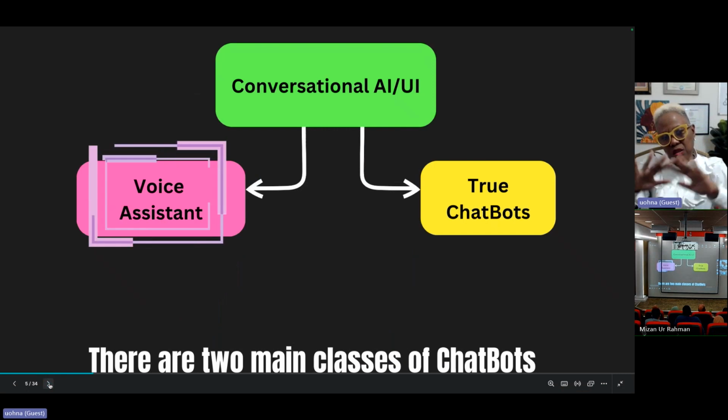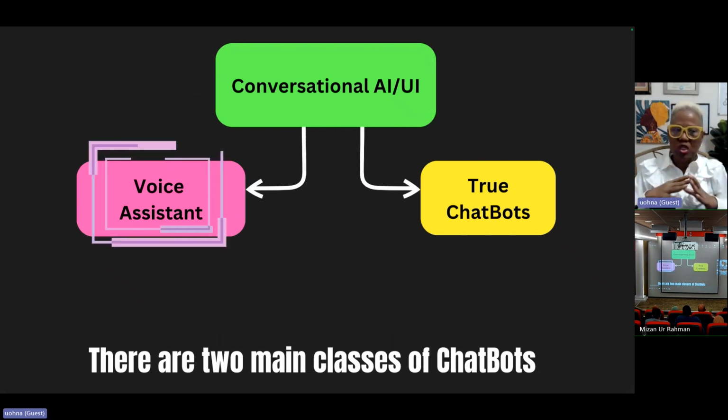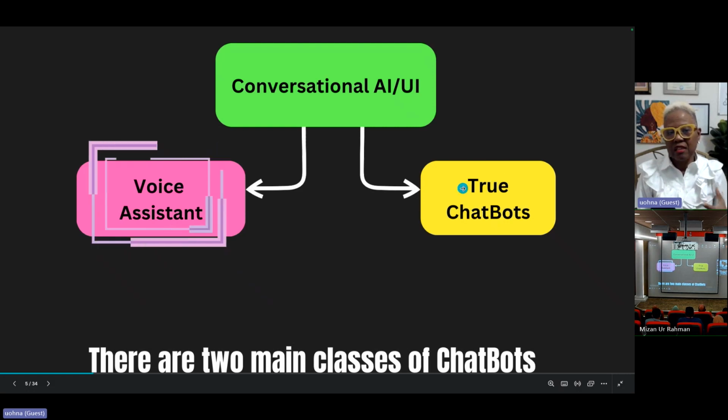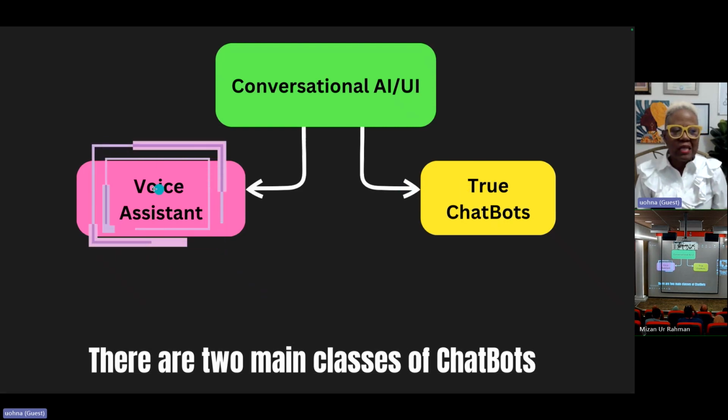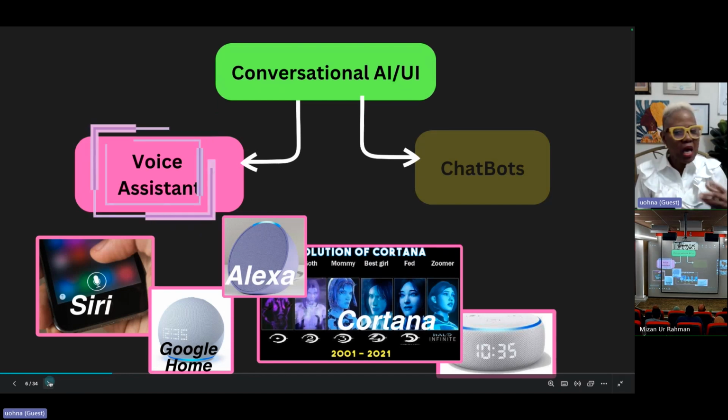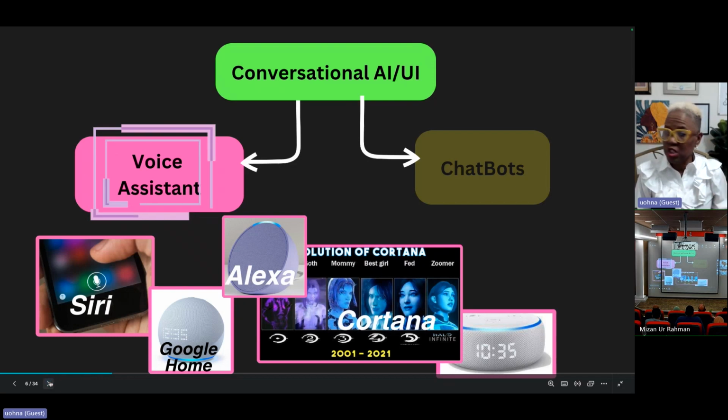Now, in the world of these chatbots, or the conversational AI as they are now called, there are 2 main types. There's the voice assistant and then the true chatbots. The voice assistant types have been around for a long time. We've been using them and maybe not even realizing those are chatbots.